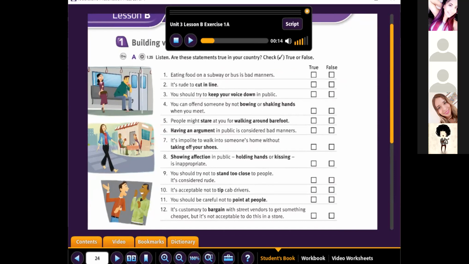Eating food on a subway or bus is bad manners. Okay, eating food on a subway or bus is bad manners. Dice comer en el subterráneo o en el bus son malos modales, okay? So then we will see if it is true or false.